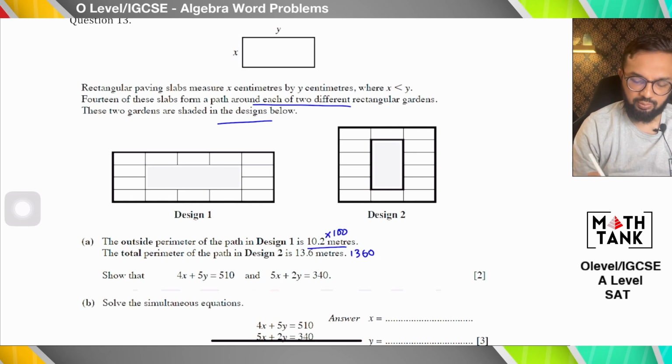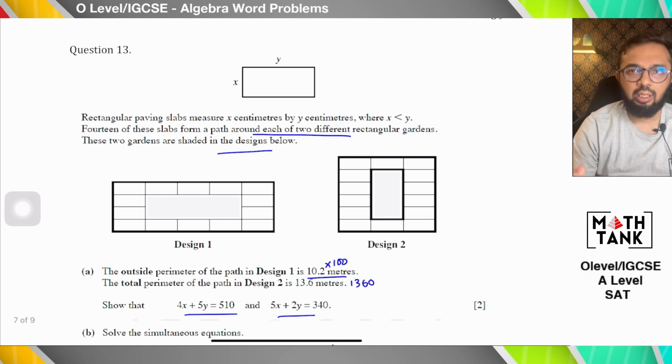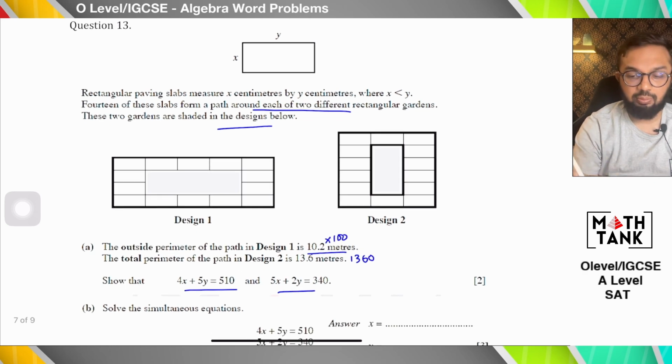Then it says the total perimeter is this. Show that there are two equations. So I just need to construct two equations, and it's important to realize that the perimeter of the original small block might be different from 14 blocks being put together. So I'll have to count the x's and y's. Let's count the x first: 1, 2, 3, 4, 5, 6, 7, 8. So that's 8x.